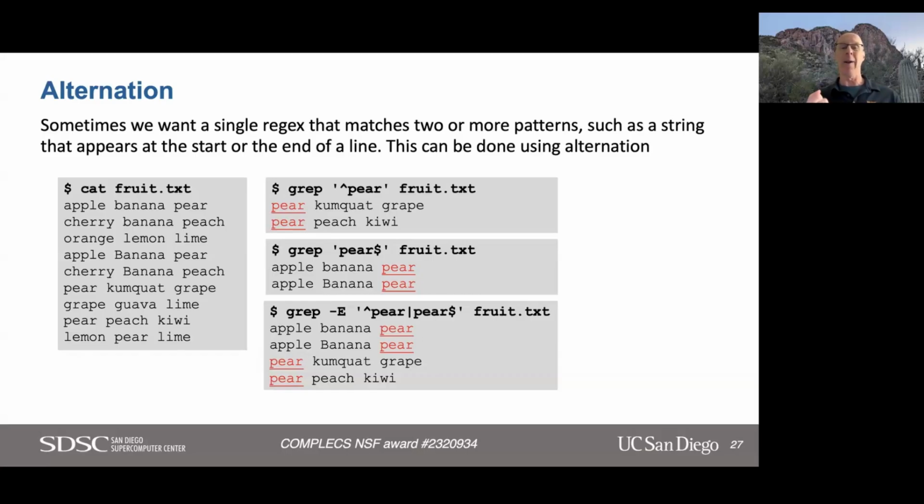We had our caret pair, we had our pair $. In the last example, though, we combined those using a vertical bar, and our regular expression is caret pair, vertical bar, meaning or, and then followed by pair $. In this case, we pick up the lines with pair at the beginning and pair at the end of the line.